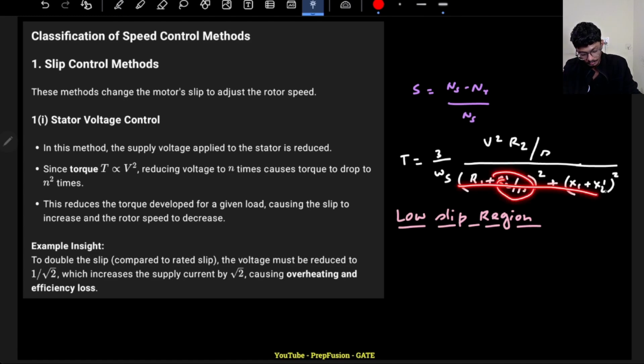So this overall term will dominate, and I can roughly say my torque will be proportional to V square.